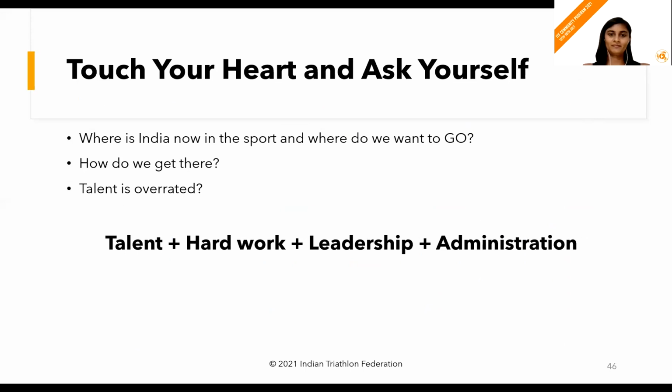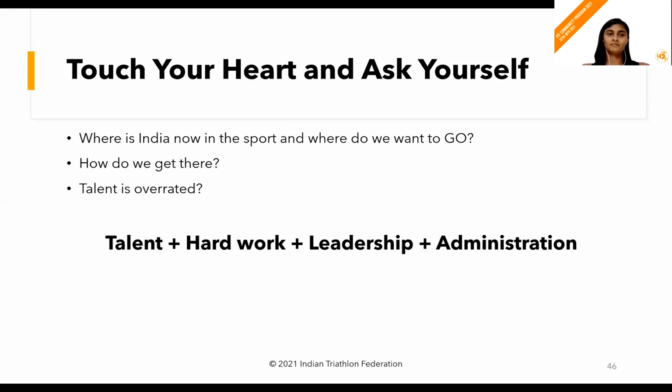We're at an infancy level, but we aspire to take it to a really top level, first starting with the Asian Games and the Olympics, and then like Pooja said, we are setting our targets for the 2028 Olympics to have our first entrant. How do we get there? Again, it's not a simple answer. Your support is going to be very, very important. The ITF is now much more motivated than it has been in the past. We are going to try and do a lot of things for you.